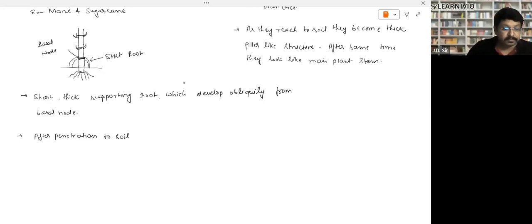They develop fibrous roots. The same kind of roots develop when they reach the ground, they start developing like fibrous roots, right?